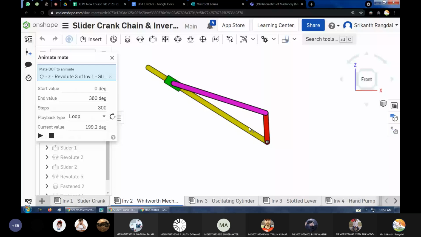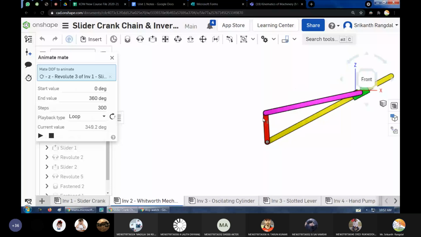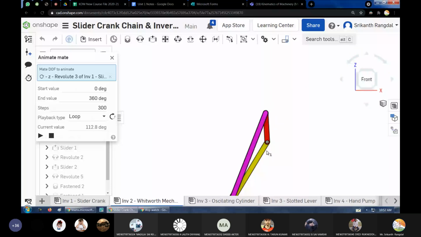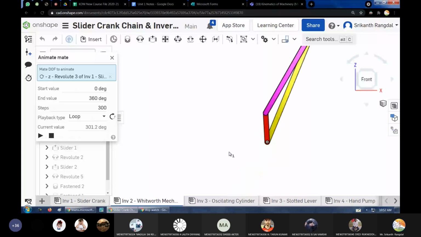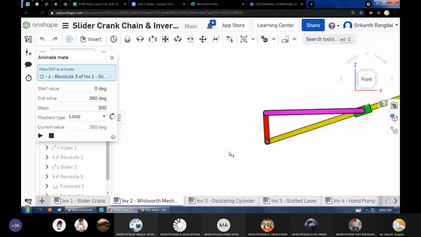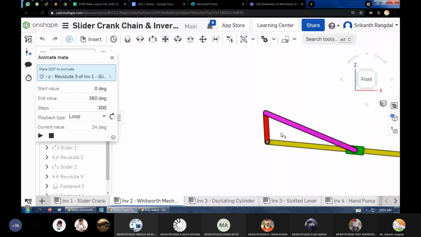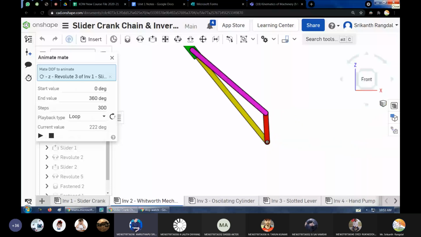So when the pink one rotates at constant speed, what about the speed of the yellow link? Will it be constant or changing? The yellow link will rotate with constant speed or changing speed. No, sir, it will differ in velocity.